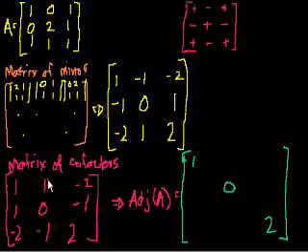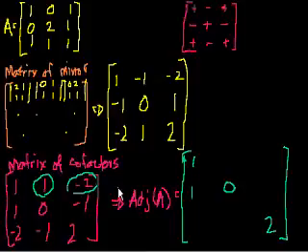So it'll then be moved to row 2, column 1. So this one right here will go here. You can say it flipped over the diagonal, right? And similarly, this right here is in row 1, column 3. It's going to be switched to row 3, column 1. So it's going to go here.